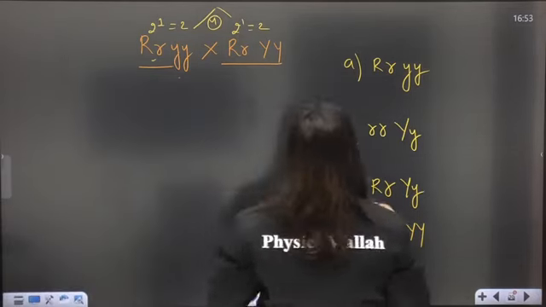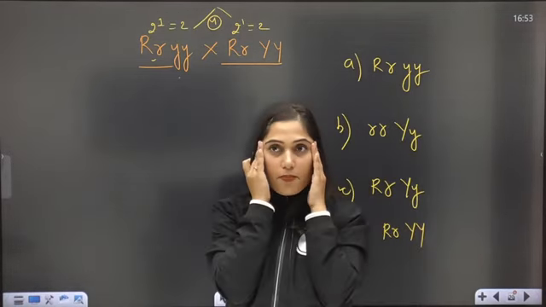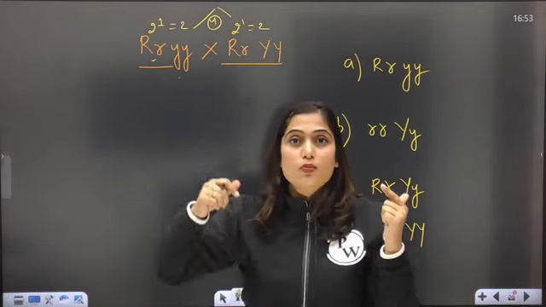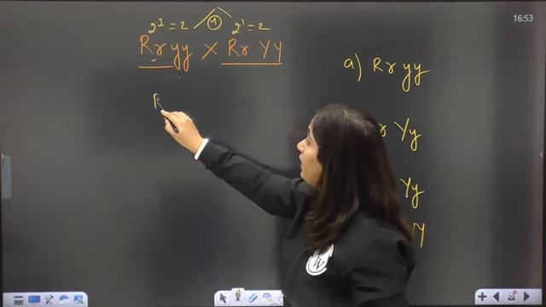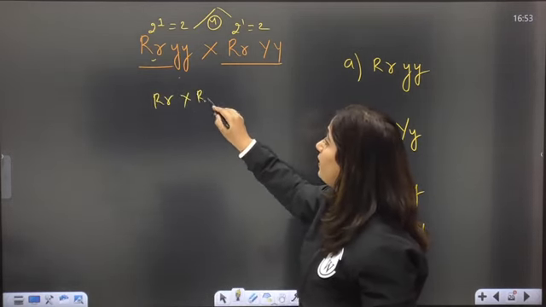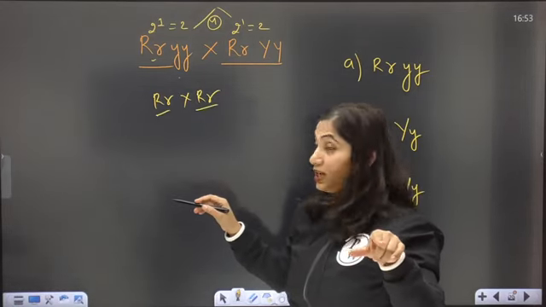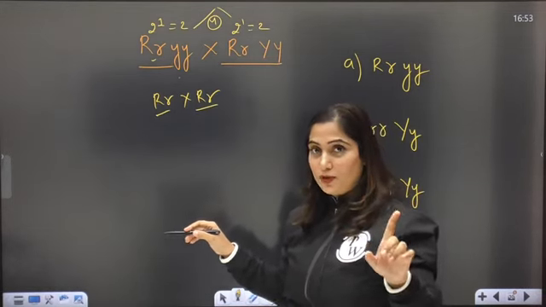Let's do. So these are the two parents, and I have broken this dihybrid cross in my mind into 2 crosses. This will be very fast. Once you practice it at home, this will be very fast. Okay. So see, capital R, small r is crossing with small r, right? So capital R small r 1 by 2, and small r small r 1 by 2.